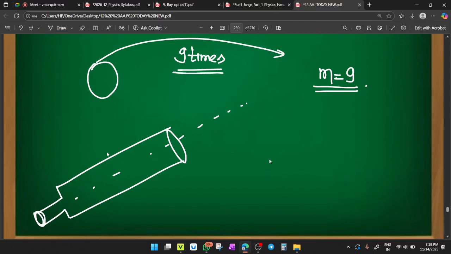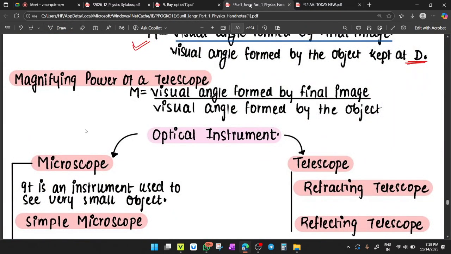Students, the objects in the case of a telescope are at a very large distance, like millions of kilometers. So you can't place your object, like this planet, at the least distance of distinct vision. So the formula will be changed here for the magnifying power of a telescope.